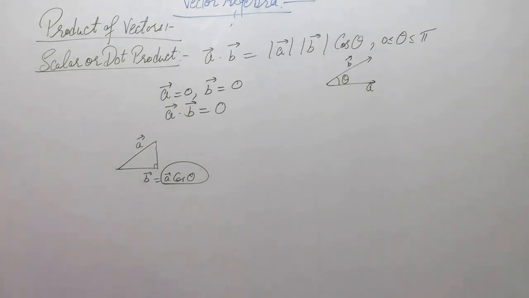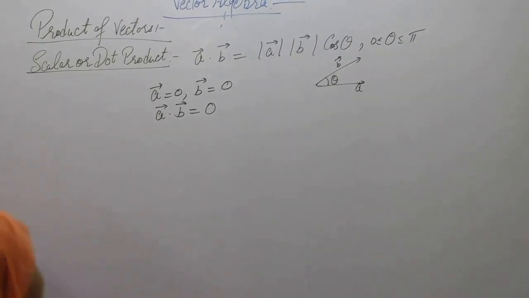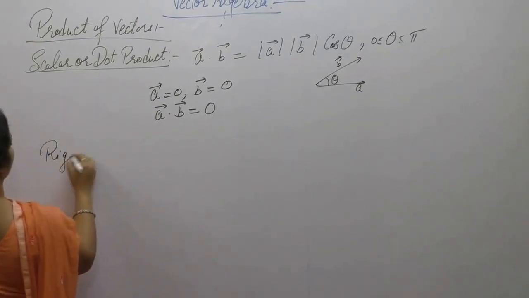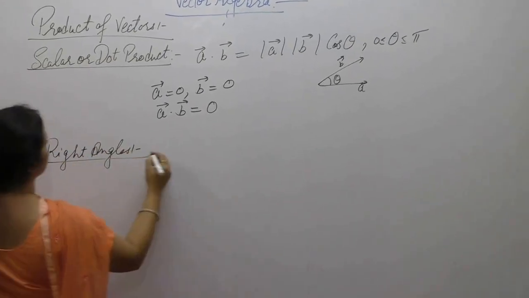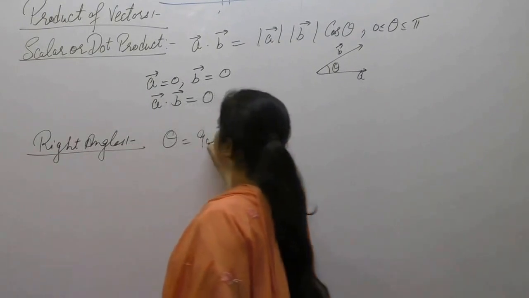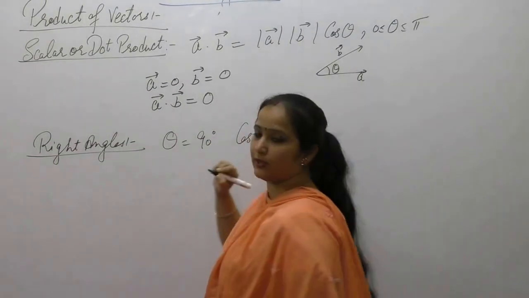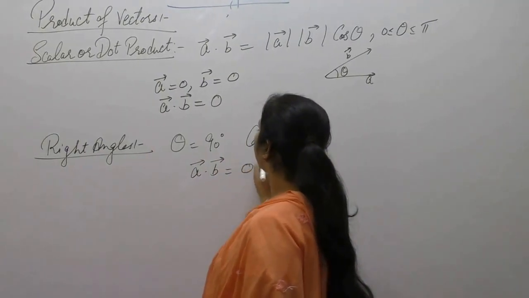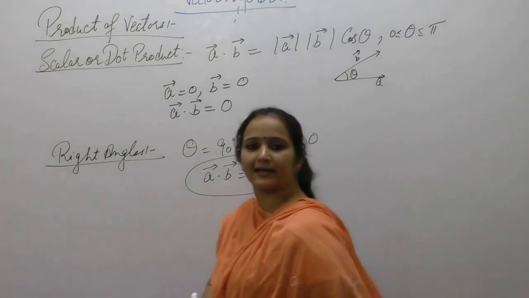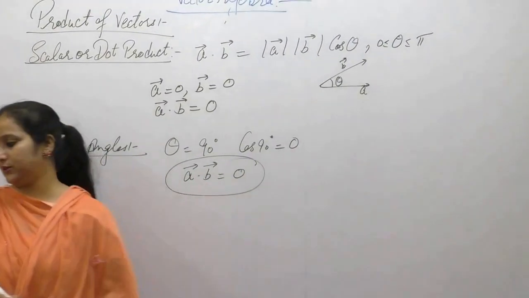Now next is right angles. When two vectors are at right angles, meaning theta is 90 degrees and cos 90 has value 0, so A dot B is 0.